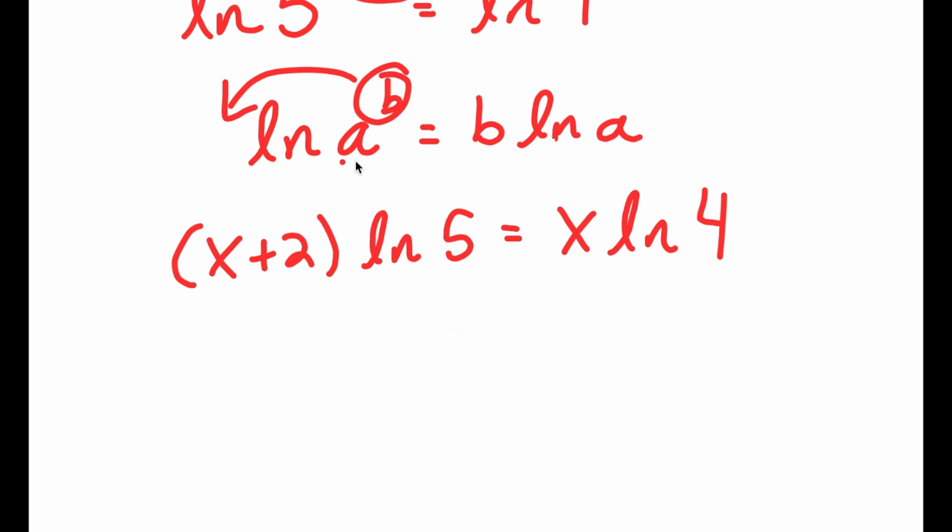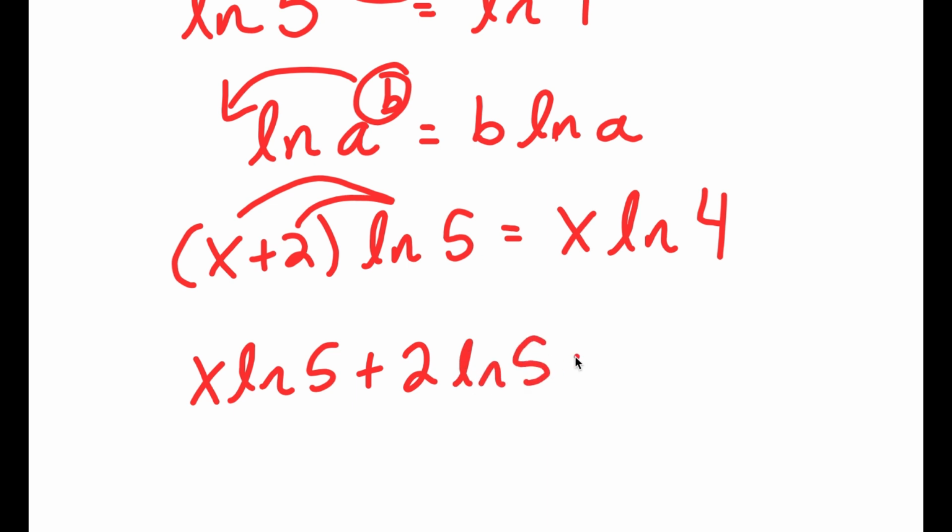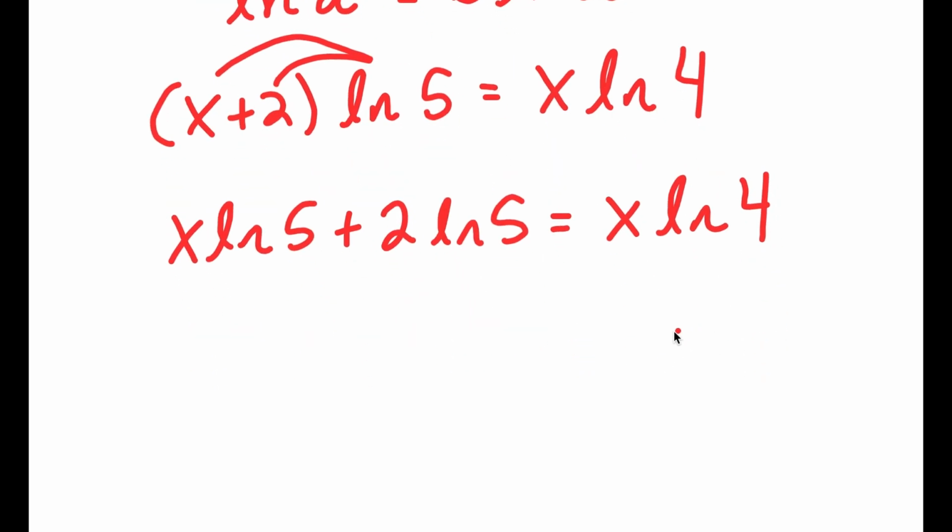Now, I'm going to distribute the ln 5. So I get x times ln 5 plus 2 times ln 5 is equal to x times ln 4. Now, I'm going to subtract x times ln 4 on both sides.